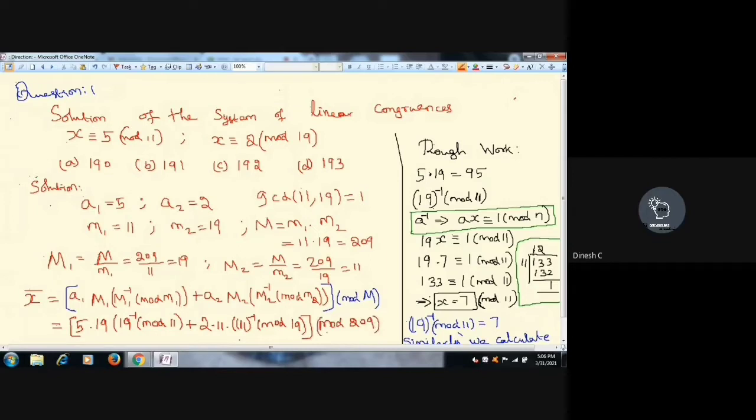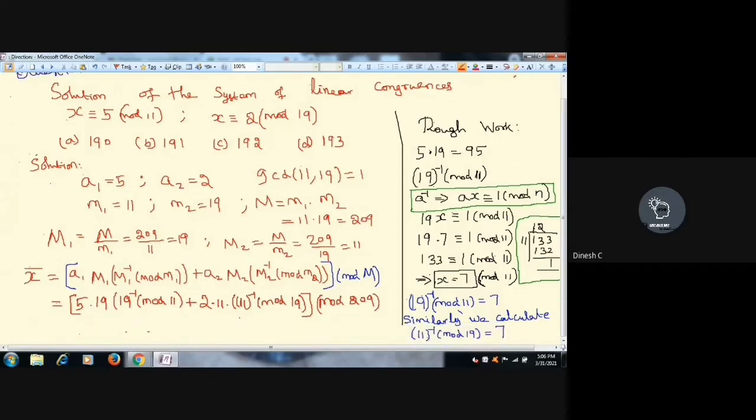In this rough calculation, I show the calculating method. Here A inverse means AX congruent to 1 mod n. So we need to find 19 inverse and 11 inverse. For 19 inverse, n is 11, and for 11 inverse, n is 19.